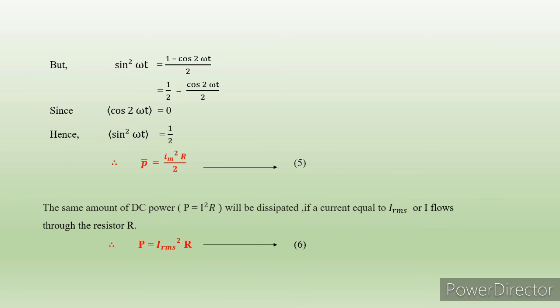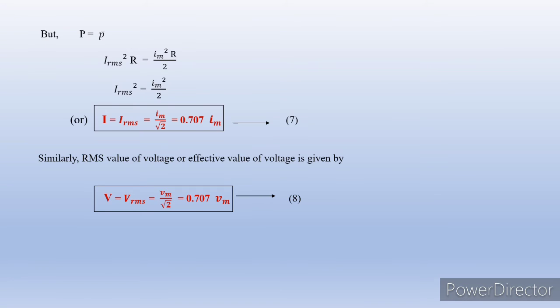This is equation 5. The same amount of DC power P equal to I square R will be dissipated if a current equal to I RMS or I effective or I flows through the resistor R. Therefore, capital P is equal to I square RMS into R. This is equation 6. But capital P is also equal to P bar.